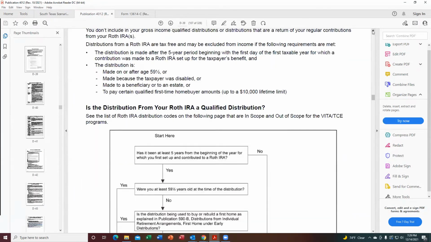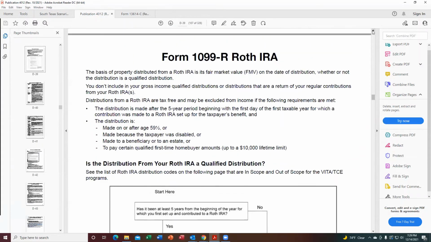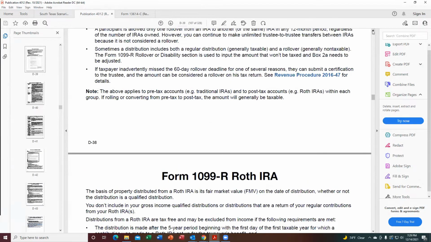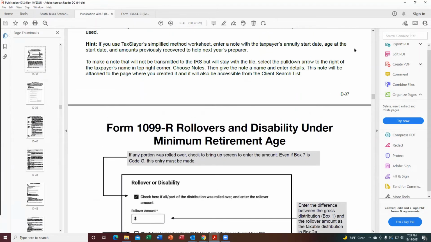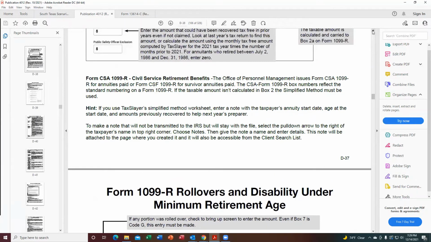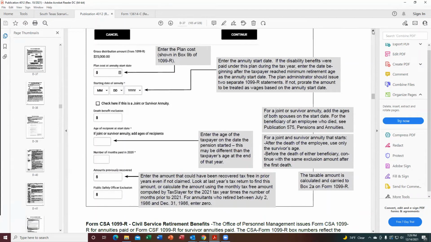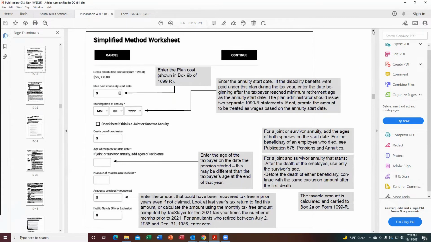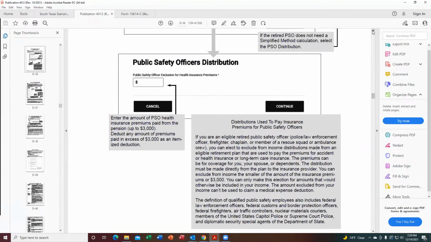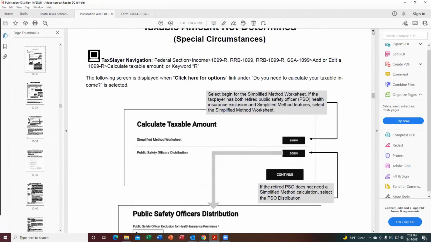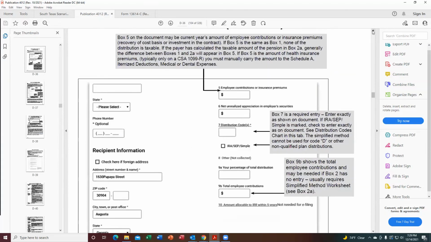This is in D38 that I'm looking at. Okay, so that's one area. And that's the simplified method. That's the advanced level.